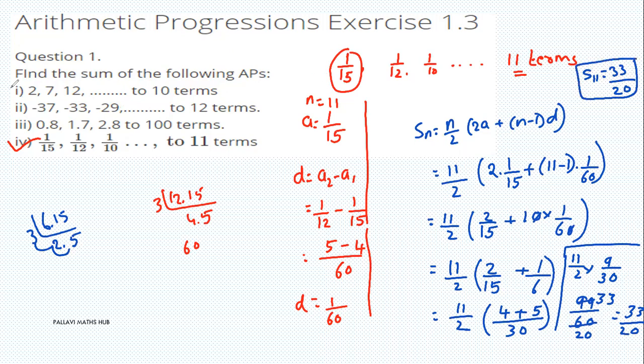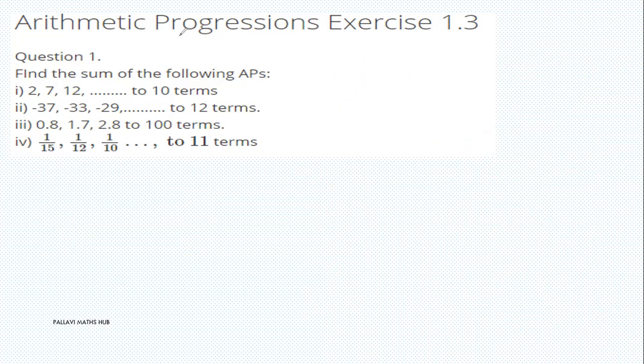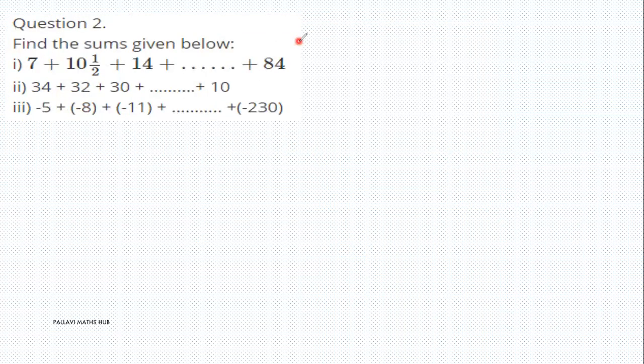I hope all of you understood these 4 sums. Okay. Next, go for the second question. Find the sum of the given series. You need to find out the sum.